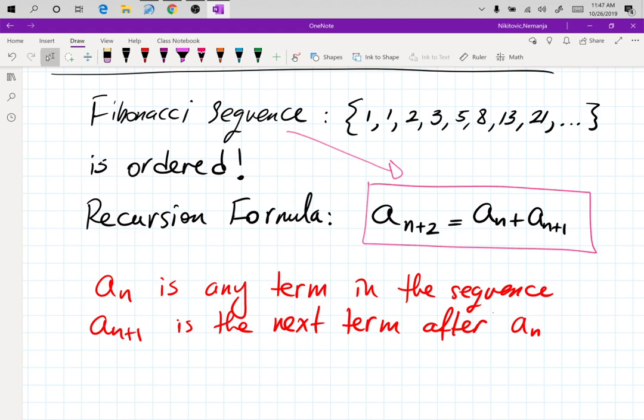So an is any term in a sequence. So it can be the fourth term. The fourth term is labeled A4. Oh, sorry, A3, right? Because A0 is the first. So if you want to talk about the fourth term, then in that case it's A3.